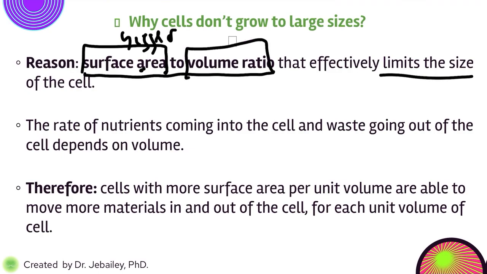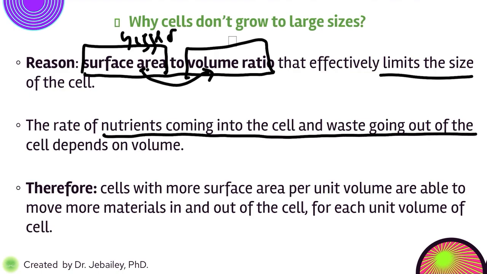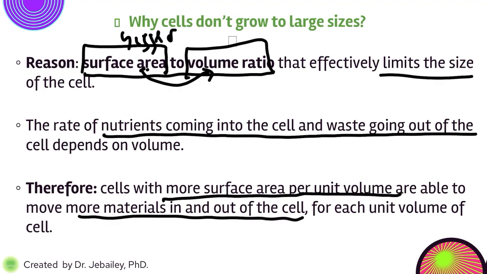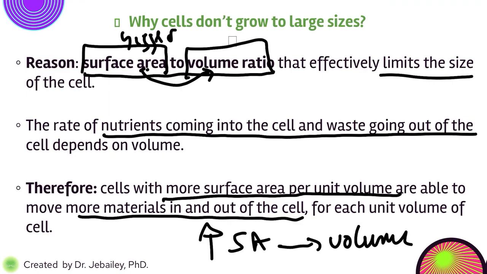As long as the surface area is bigger, you're going to have nutrients come in and waste go out with no problem. So the more surface area per unit of volume, the more materials go in and out of the cell. It's all about having a bigger surface area to volume ratio, never the opposite.